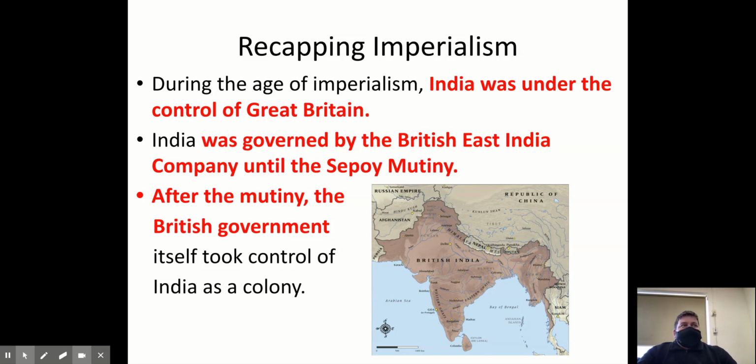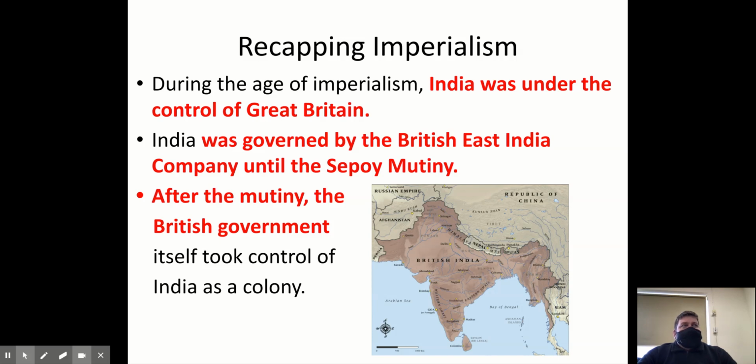All right. So just to recap, if we go back to the story of India and the colonization of India, we know Britain shows up and they use the British East India Company to try to control India. It made sense because imperialism was kind of an economic function. Therefore, why shouldn't a large company oversee this process?